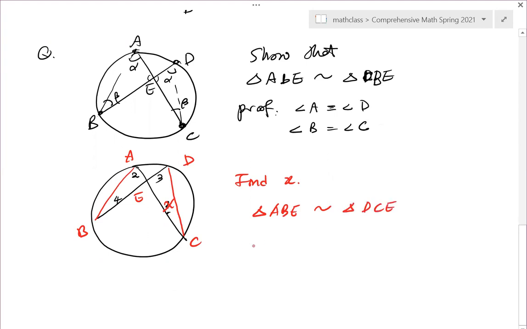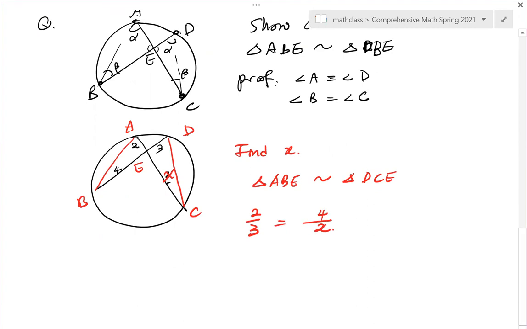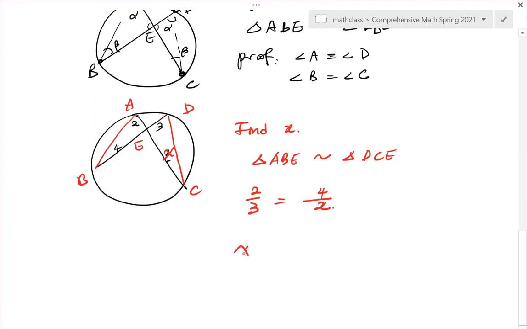This implies the ratio of the corresponding sides should be equal to each other. So X is going to be 4 times 3/2, so it's going to be 6. Right? Yeah, it's going to be 6.